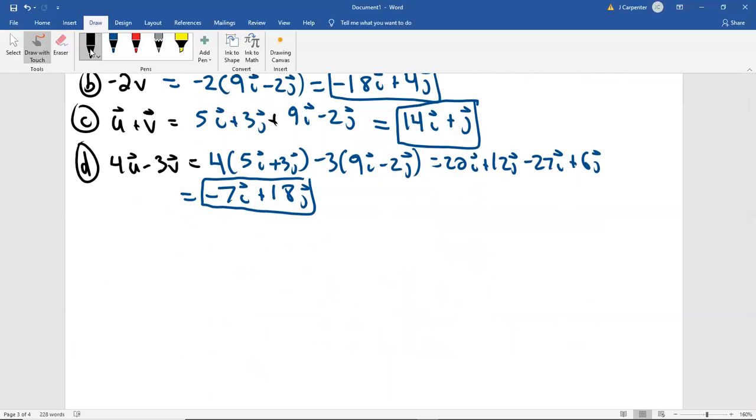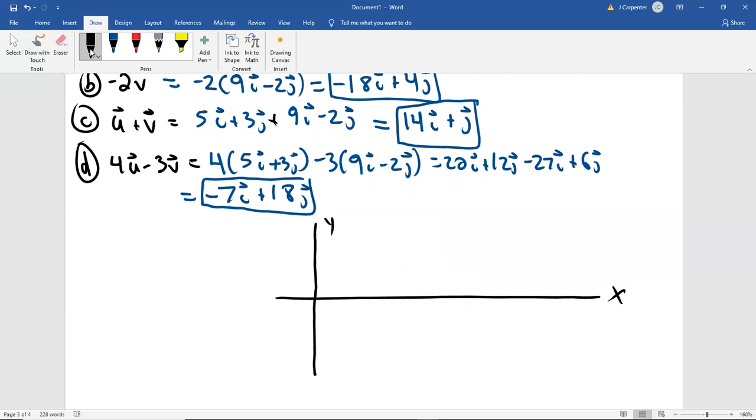All right. We got right 14. We don't really need to go up or down very much though. And yeah, just a real right heavy graph here. So the vector u was the 5i plus 3j.